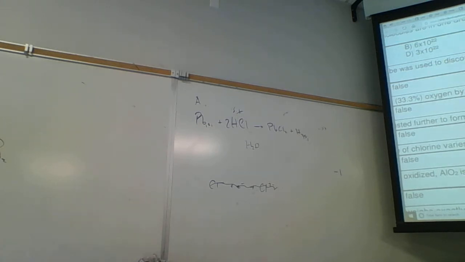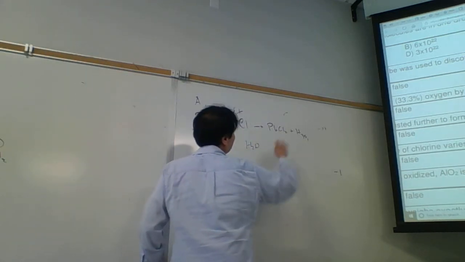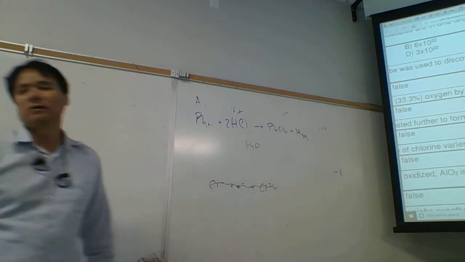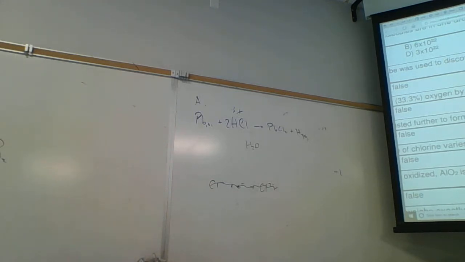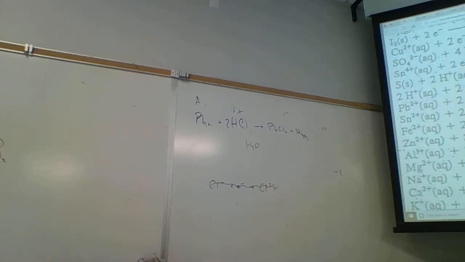So anyway, we don't even need the chart for this. We're going from stronger to weaker, or more active to lesser. Actually, no, are we? I don't know. We can consult the chart for that. Lead versus hydrogen.